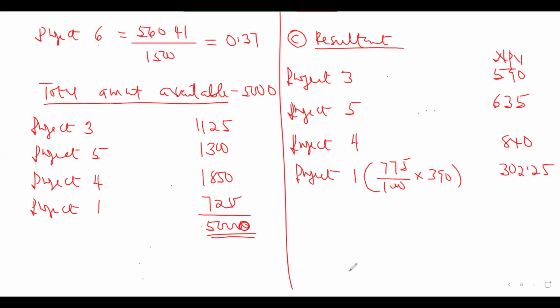So it's still the 282.75. Let me add again, because I also got 282.75. We can make it 283 because the other numbers are whole numbers, right? No, please, the figures are in thousands. So add all of them, 590 plus 635. So how did I get the 775? 1125 plus 1000, the project 1 one is 50. If you don't add the 50, you are going to get the 775.